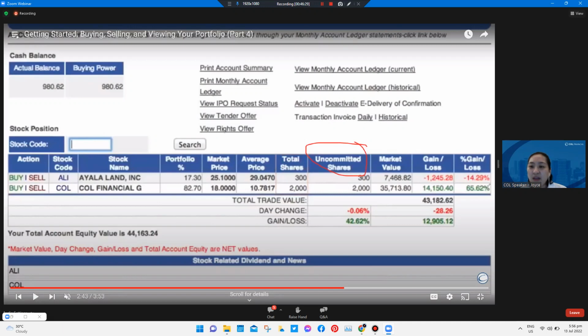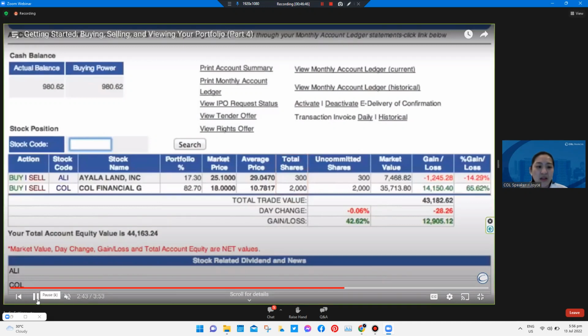And don't forget, gain and loss here is already computed for you, and it's already net of selling and buying transactions, so that whenever you want to sell, you can see how much your gain and loss is, net of fees.